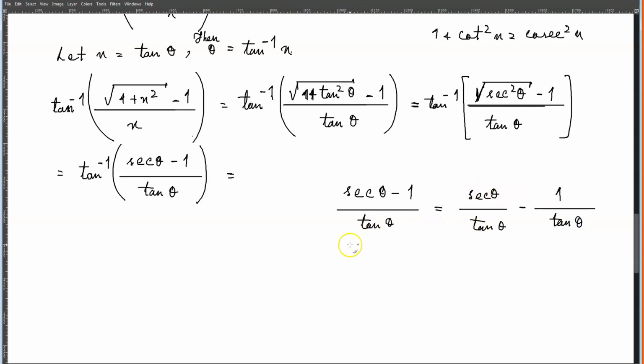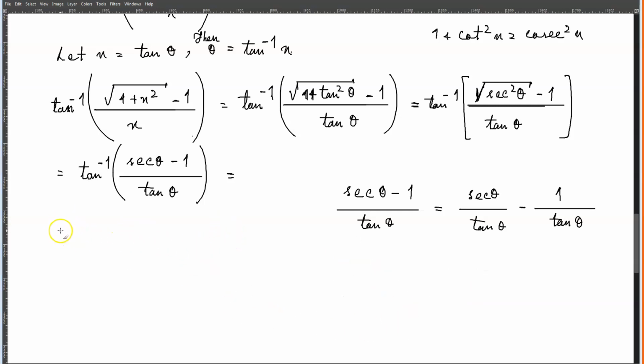Now you know that secant theta is 1 over cos theta, and tan theta is the same thing as sine theta by cos theta, and so the cos theta and cos theta you can cancel out, so you will have 1 over sine theta. Now let me write these separately because this way we would get confused.